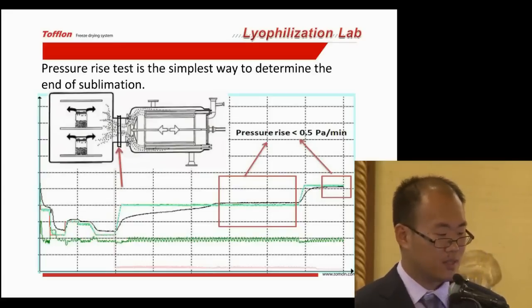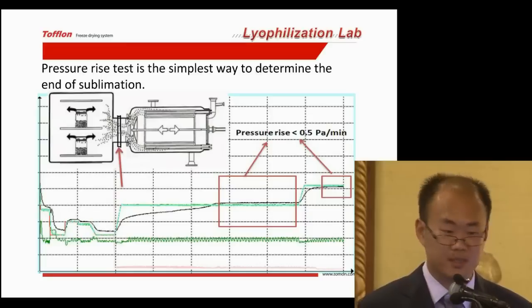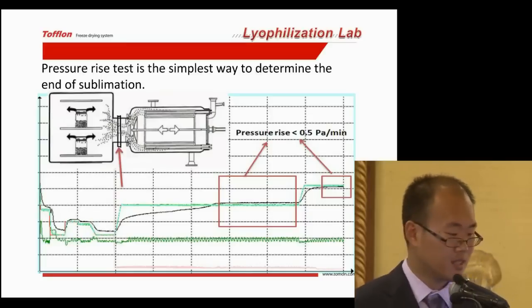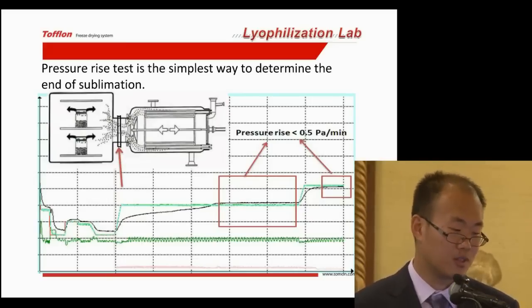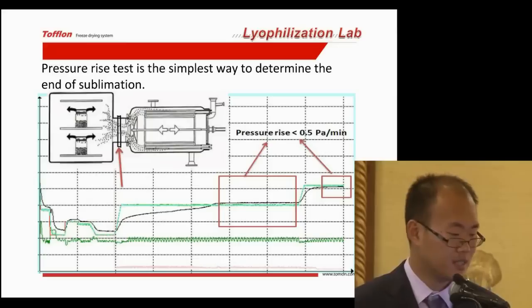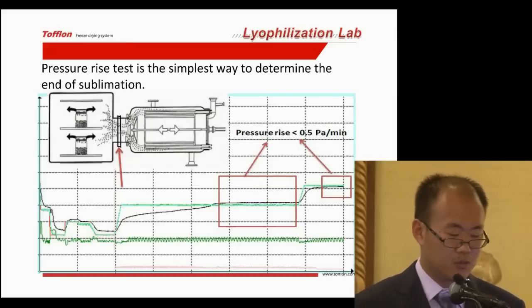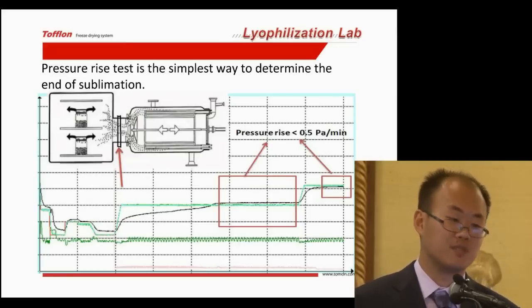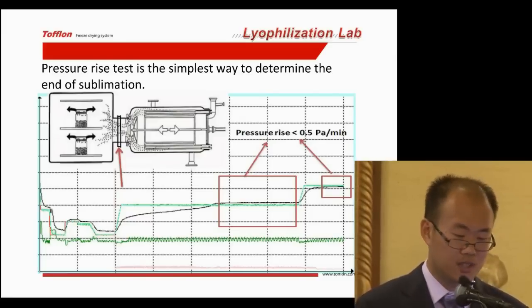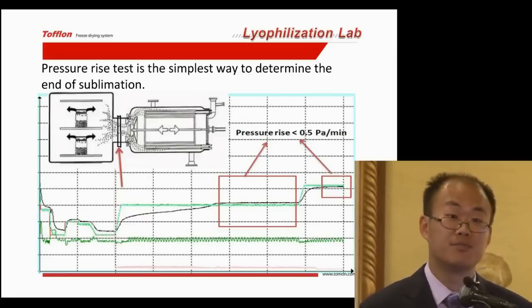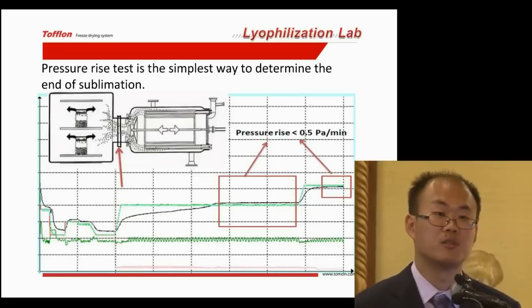Now, how to determine the pressure rise? Just look at this picture. There is a septal valve in the channel between the front chamber and the back chamber. When the drying process ends, we turn off the septal valve.